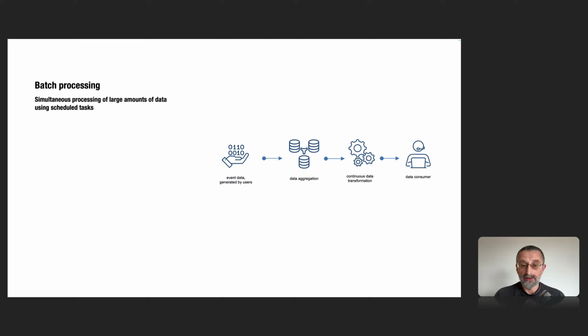So you may aggregate some event data generated by users, so you collect them, then you aggregate them into batches and continuously transform this data and provide the data to consumers. Continuously means batch after batch, but it may be a continuous process. This is, by the way, how, for example, Apache Spark works. They also work in batches.